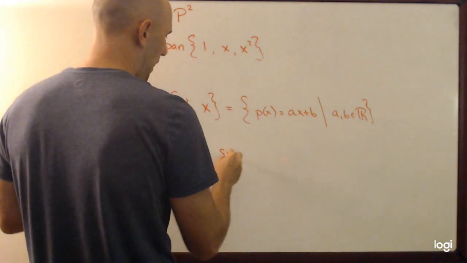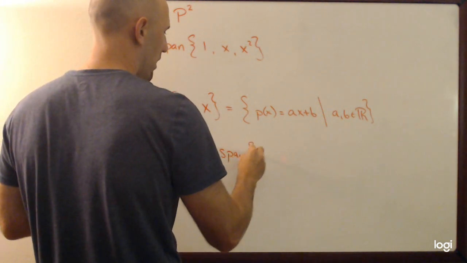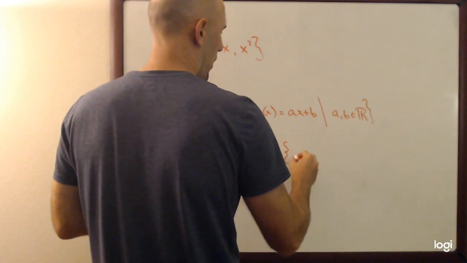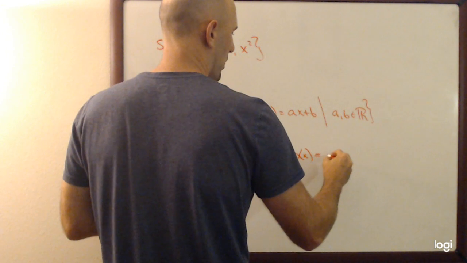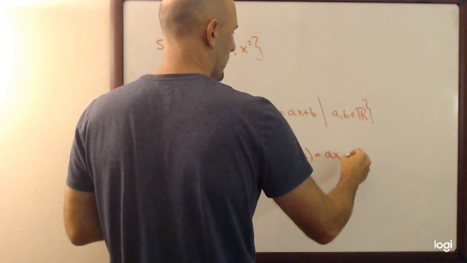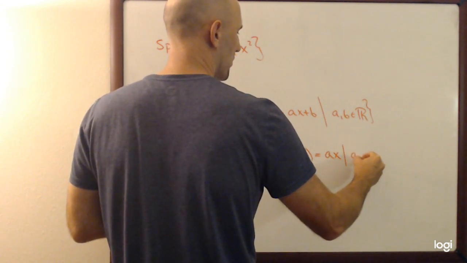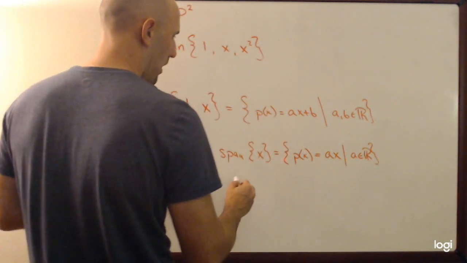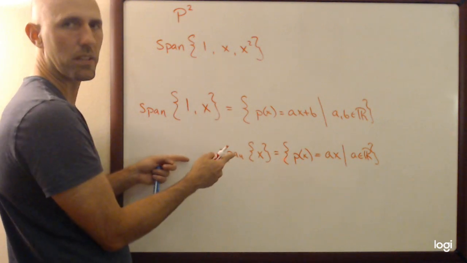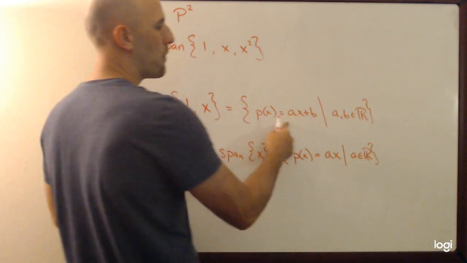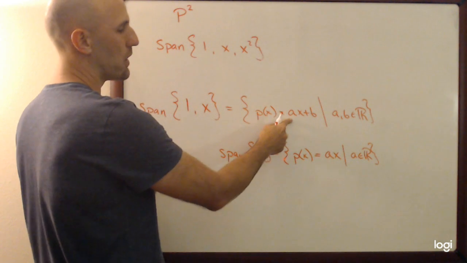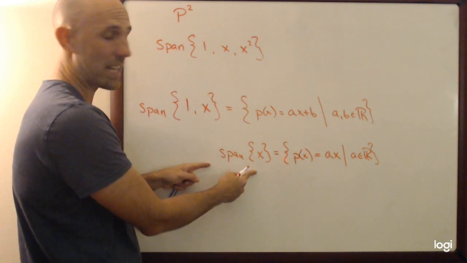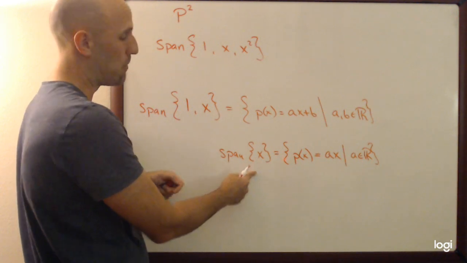Well, the span of x is just all the polynomials that look like a times x, right? Okay, well that's clearly different, yeah? Because I know, for instance, 2x plus 1 is in this span, but it's not in this one. I can't make 2x plus 1 just by multiplying x times a constant.